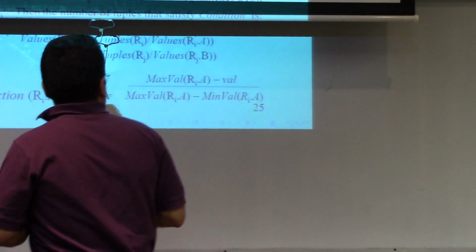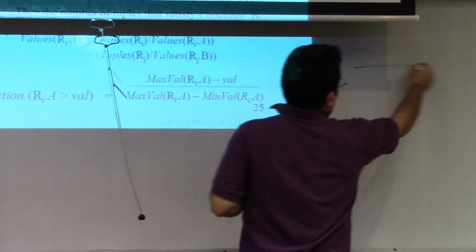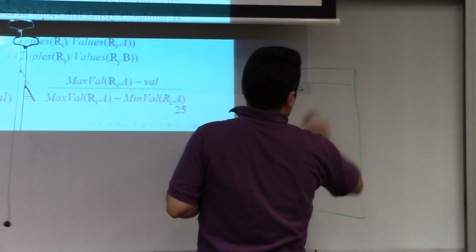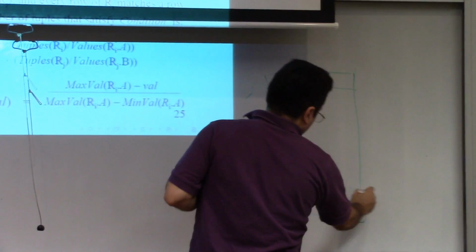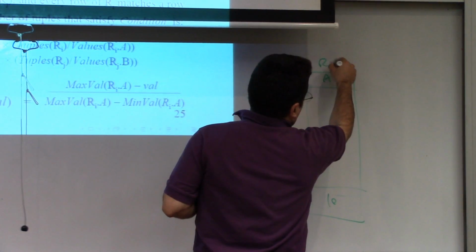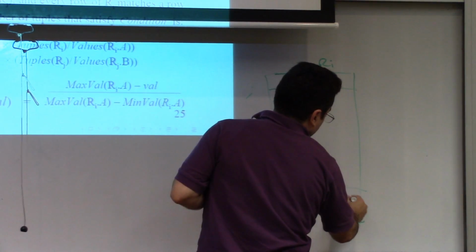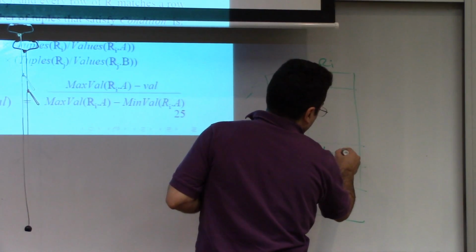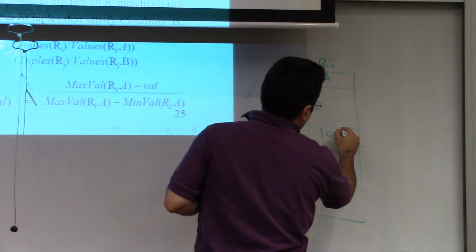If the distribution is normal, consider this table. This is the A and this is Ri. 107, 108, 109, 110.